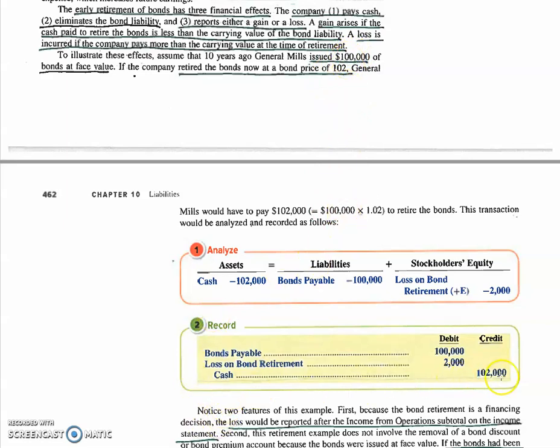So that's how much cash we pay. Debit bonds payable for the face amount. There was no premium or discount in this case. So the $2,000 difference here is debited, because we need an additional debit to loss on bonds payable. If it were a credit, it would be a gain.